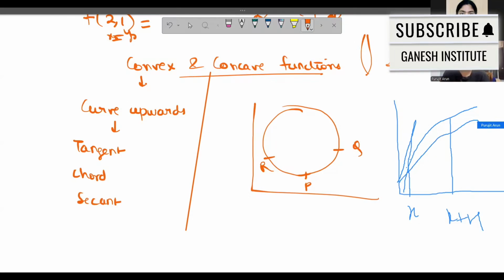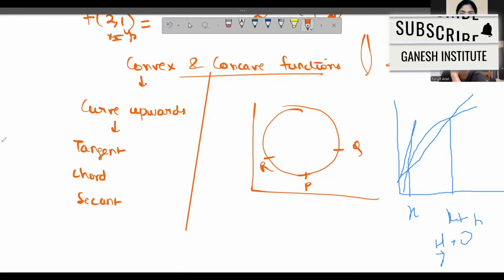And when h tends to 0, your point of secant then moves to your point of tangency. And that's how you find the derivative, if I'm not wrong. Yeah, nice interpretation. That's correct.